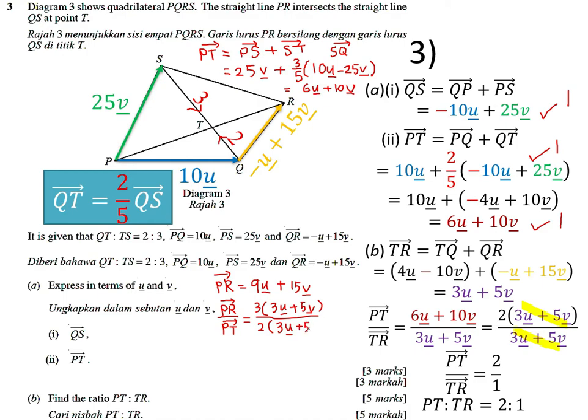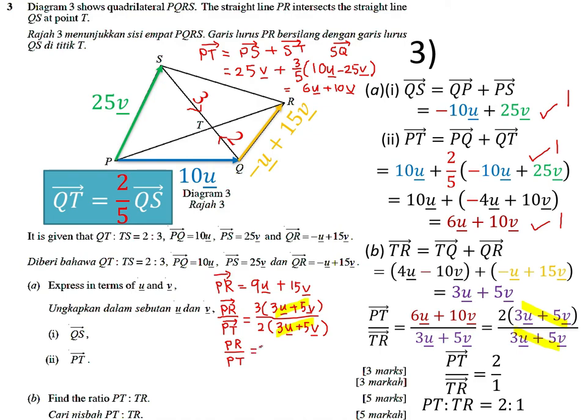See? Which means we can cancel off already. That is why I say, if they are parallel or they are collinear, you can always cancel off. With that, I get my ratio. PR over PT is equal to 3 over 2.